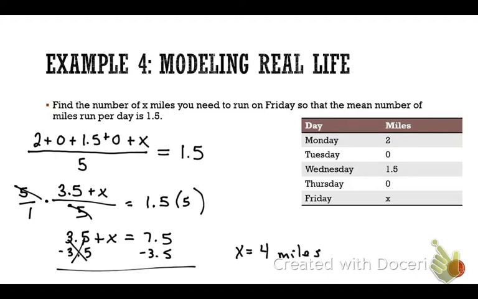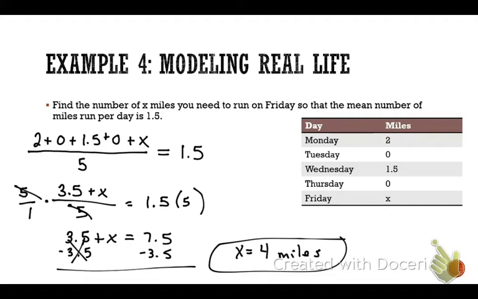Look at how much you ran all week. You didn't even run 4 miles in all 4 of those days combined. And now all of a sudden you're going to bust out 4 miles on Friday. Can you even run 4 miles? I mean, I don't know, right? Tuesday and Thursday, what are some excuses for not accomplishing a goal? I was in the hospital.